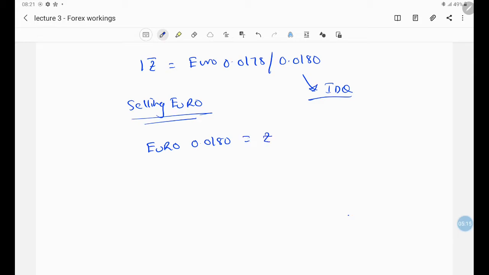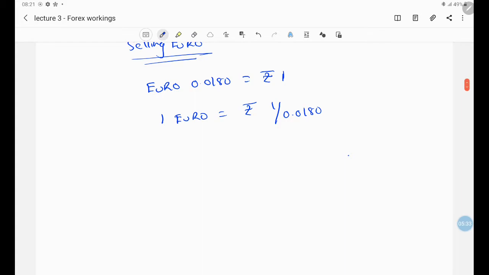So this is rupee 1. If I require 1 euro, I am converting from indirect code to direct code, right? Then rupee will be 1 divided by 0.0180. So this can be converted.